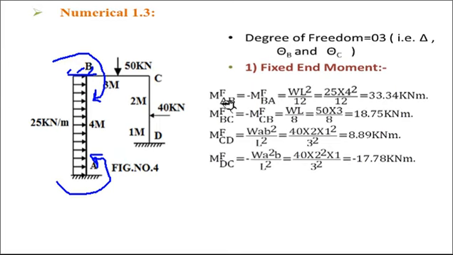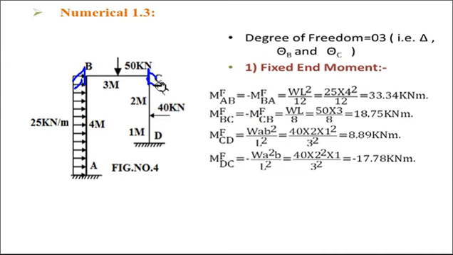There is a UDL acting on column AB. So when the UDL is there, the equation is WL square by 12. Putting the value of UDL 25 into 4 square, the span is 4, divided by 12, we get the end moment 33.34 kilonewton meter.